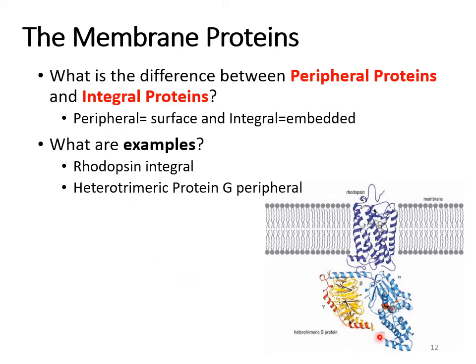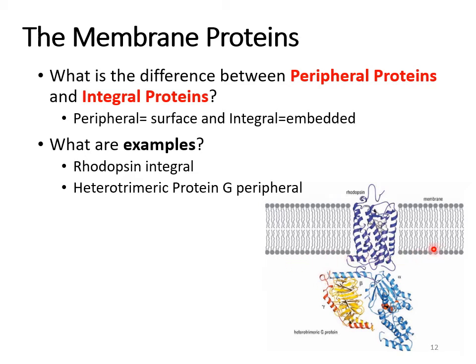So in this figure here, heterotrimeric G protein is a peripheral protein because you see here, heterotrimeric, it has the three subunits of the red, the yellow, and the blue in this picture. And all of those subunits, this whole protein, is just on the surface of this membrane.